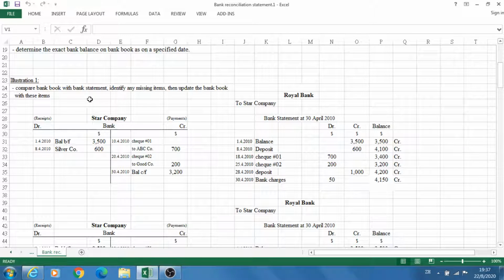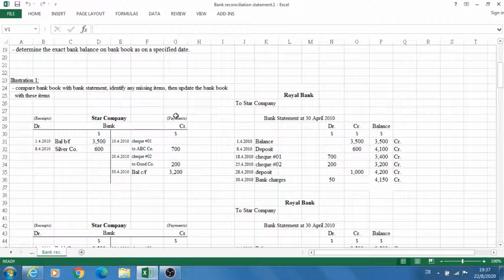First, compare the debit side of the bank book with the credit side of the bank statement. Opening balance 3,500. Bank deposits 600. Deposits 1,000 on bank statement was not shown on bank book.